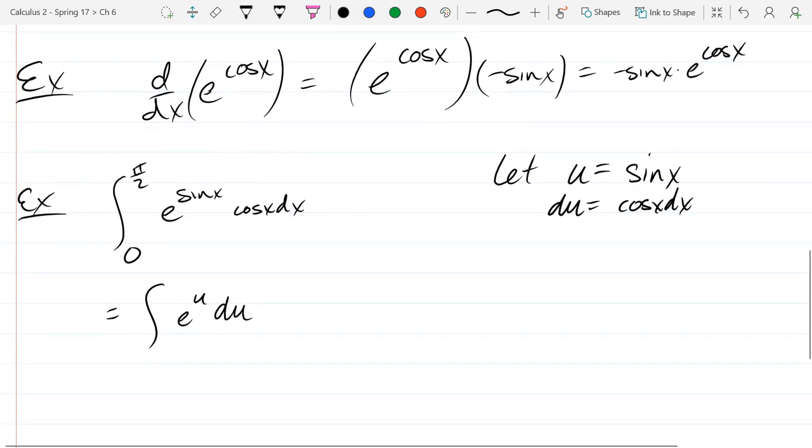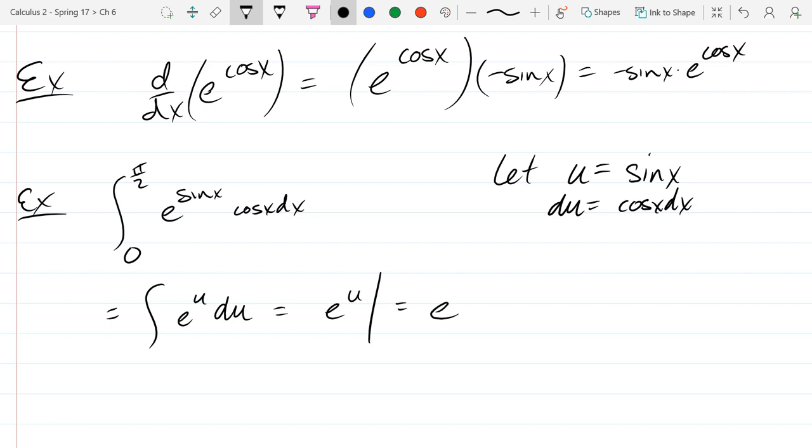So we have e to the u du, which is the easiest antiderivative. Now I'm not writing a plus c. I'm going to write a vertical bar, and I don't know the endpoints yet because I'm in u's. So I have to get back to x's. So I need to unsubstitute: e to the sine x. And now because I'm in x's, I can write the x endpoints, which are 0 and pi over 2.